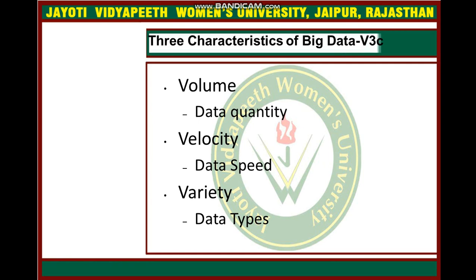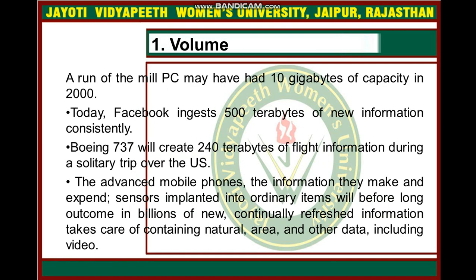Let me explain one by one. In the volume, a average PC may have had 10 gigabytes of storage in 2000. Today, Facebook is regularly ingesting 500 terabytes of new information. A Boeing 737 can generate 240 terabytes of flight information on a single trip across the US.